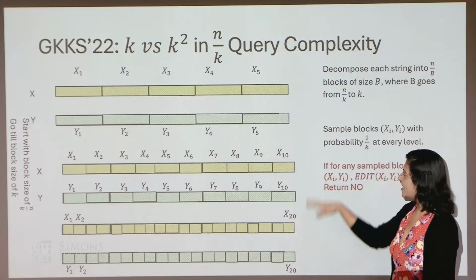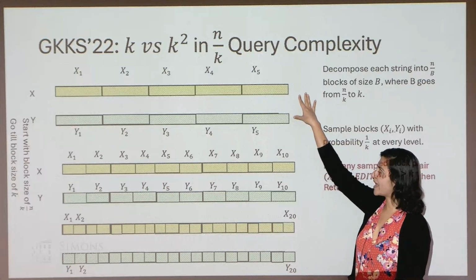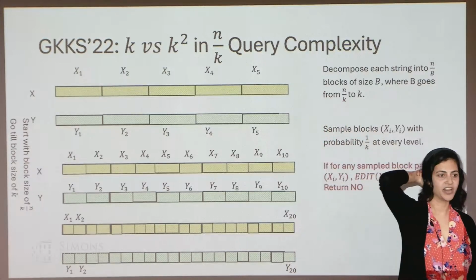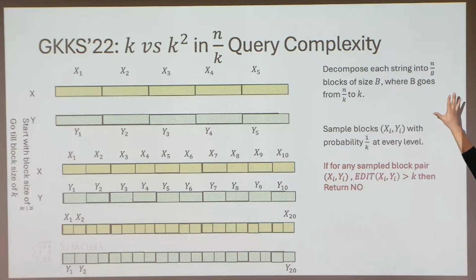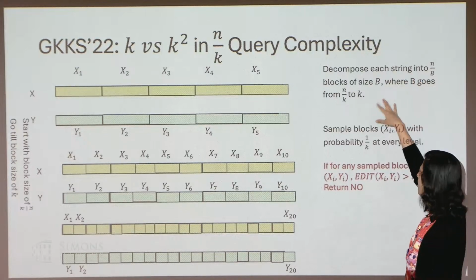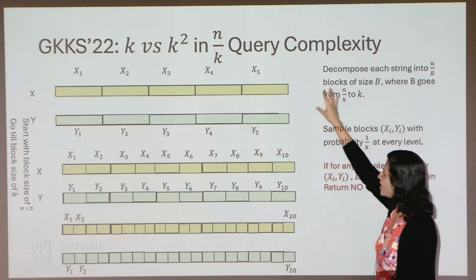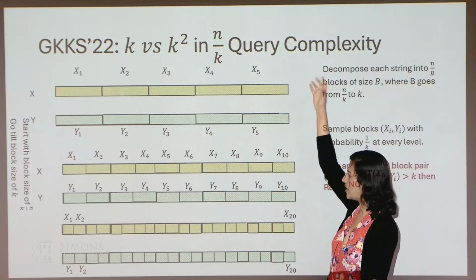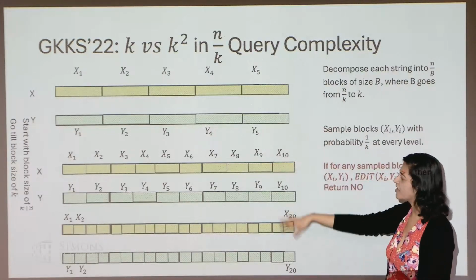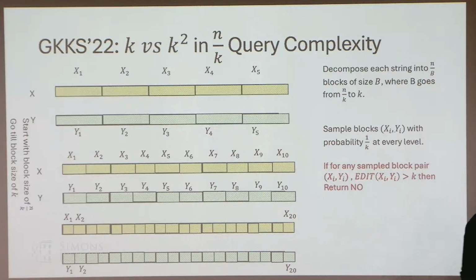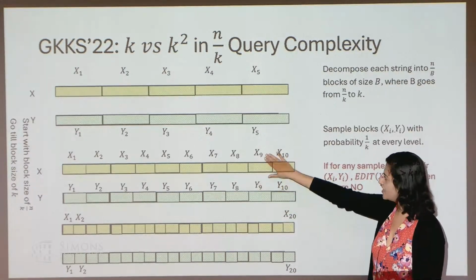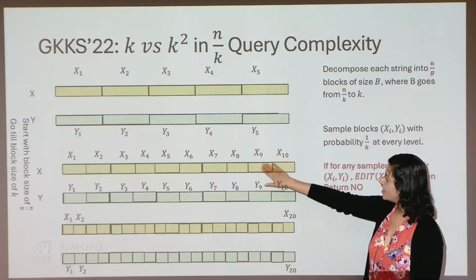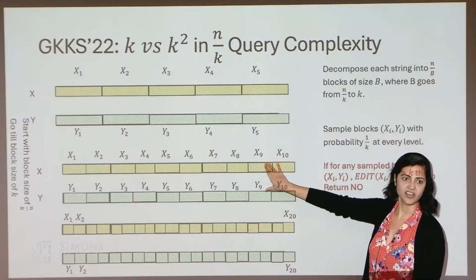And at every stage, we sample blocks with a probability of 1 over k. So for the very first step, we sample blocks with probability log n over k, so we will probably sample 1 block. Then in the next, we will sample 2 blocks. In the next one, we'll sample 4 blocks, and so on. And every time, if we sample x_i and y_i, then we just compare the edit distance between the sampled blocks.